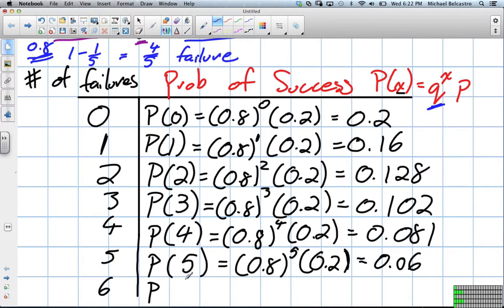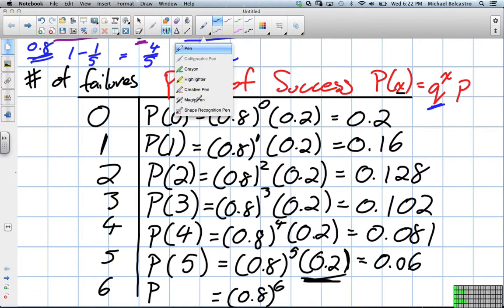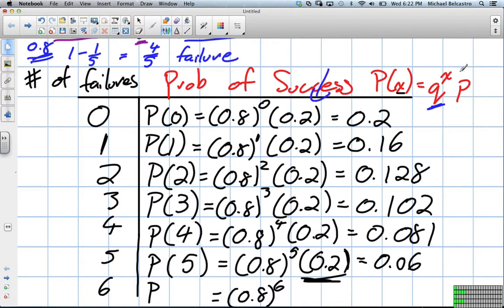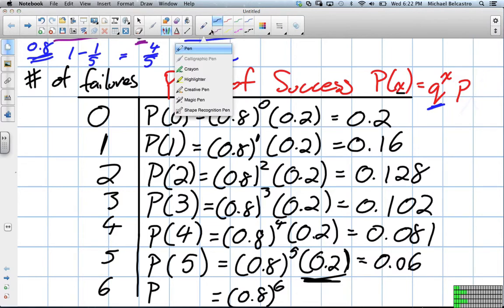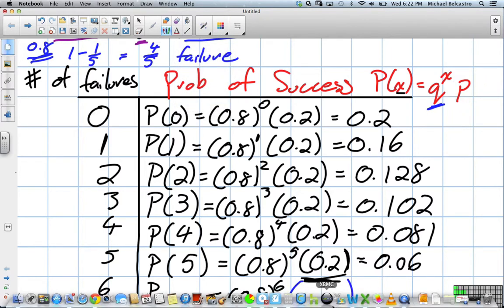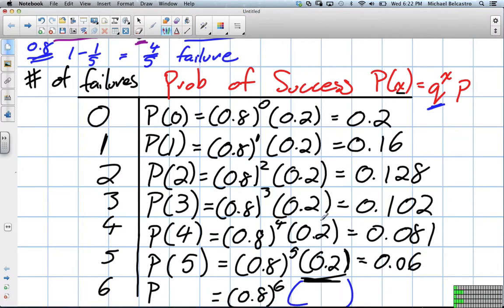In all of these other cases, our probability of success is multiplied at the end, but if we have 6 straight failures, there is no success at the end. So that probability is a little different. We don't include the success at the end.